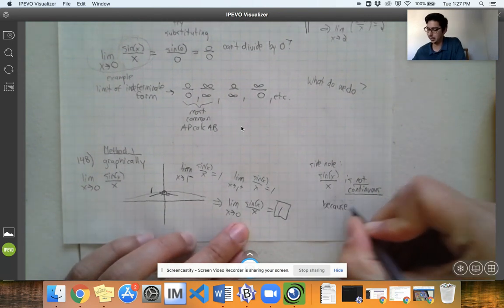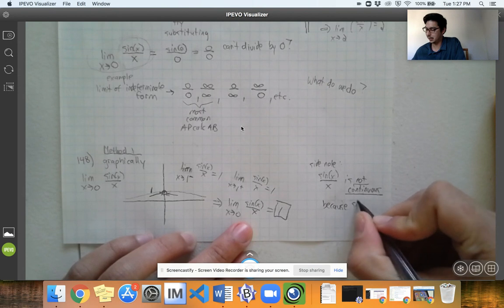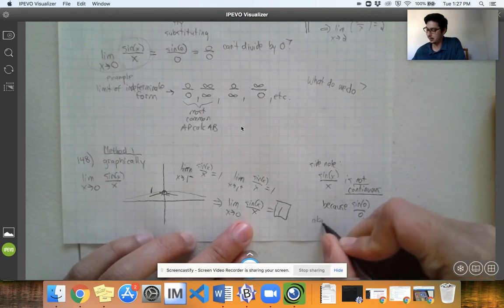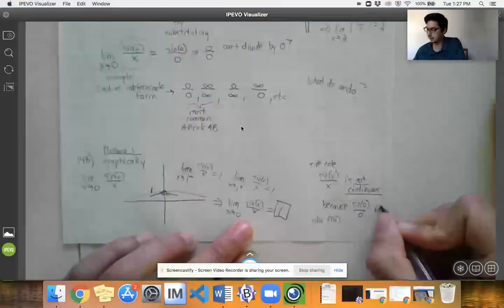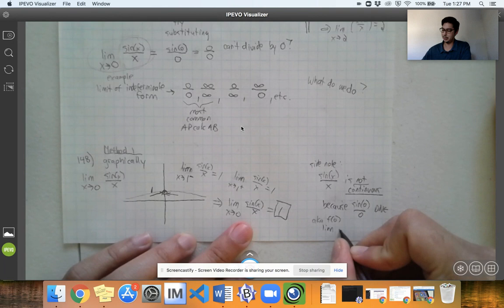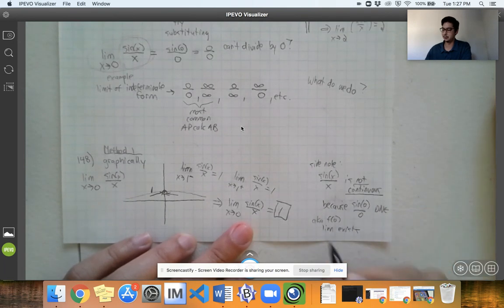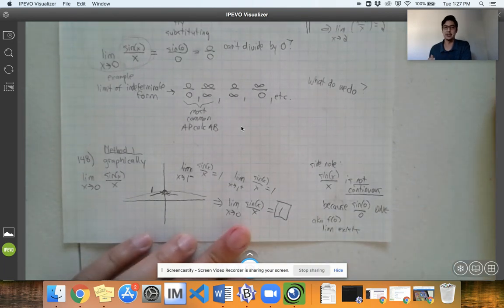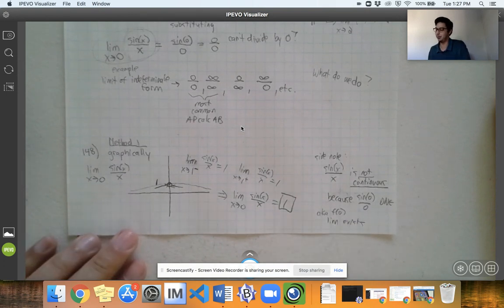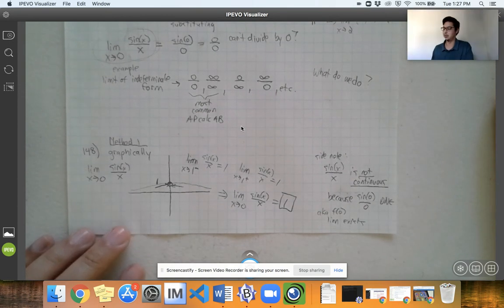Remember that there are 3 conditions, and the condition that f of 0, sine of 0 over 0, does not exist fails. The limit exists, and that's great, but that's only one condition. The limit has to exist, the function has to exist, and these two have to be equal. But in this case, the function doesn't exist at that point. So a little review on continuity.